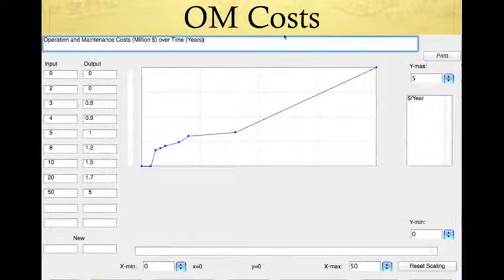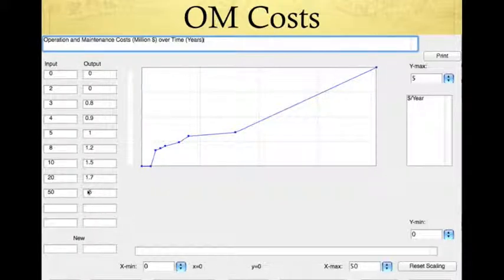The operation and maintenance costs have a different structure. They're also spread over 50 years in this table. But in this case, you have very little operating costs at the beginning because you're constructing, so you're not operating the system. You don't have any cars on your road. You're not treating any water in your plant. You're not operating your dam, whatever infrastructure you're building.